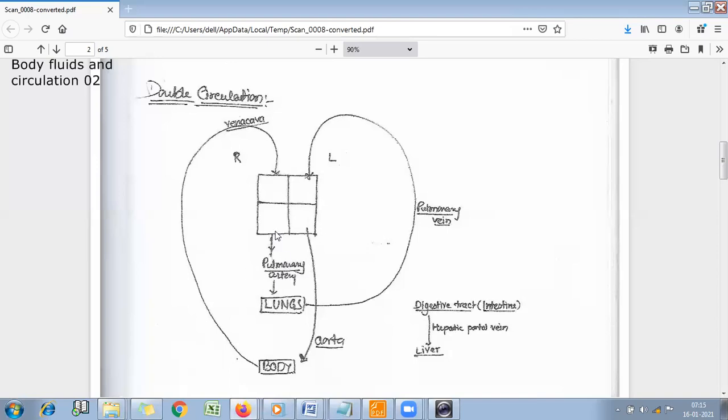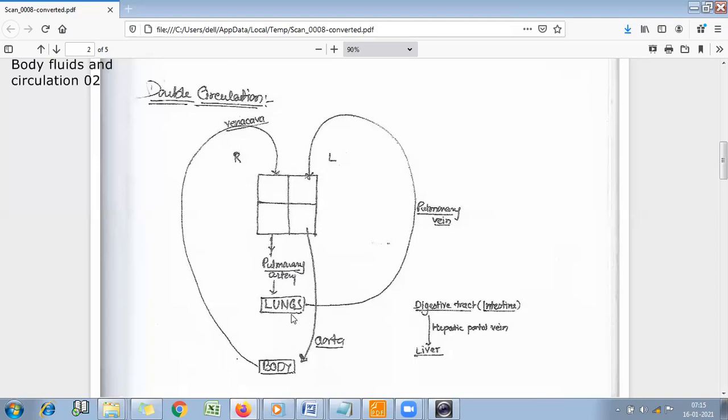And we know the definition of artery: when the blood vessel goes from the heart to the organ, it is called an artery. And when the blood vessel goes from the body to the heart, it is called a vein. So through this pulmonary artery, the deoxygenated blood comes into the lung.